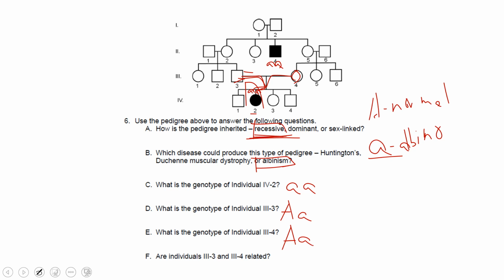Are individuals 3-3 and 3-4 related? Okay, well, there's a couple ways we can answer this. First off, they're married to each other, or at least they're having sex with each other, so there's a husband and wife thing. But I want you to take this a step further. And as you look up, so these are his parents and his grandparents. These are her parents. Notice that she has a mom who is related to his mom, and she has the same grandparents up there.